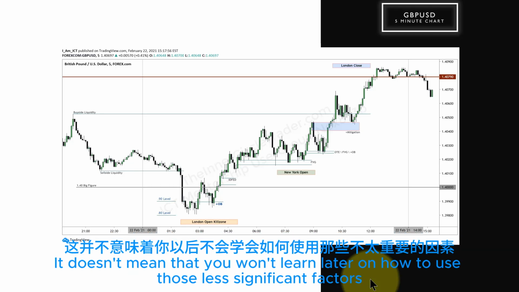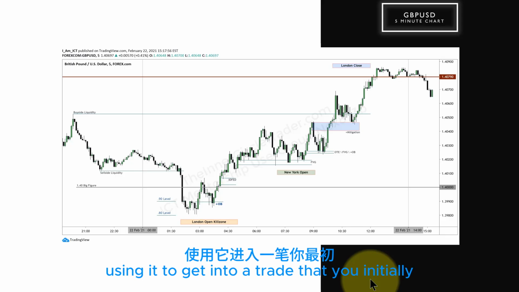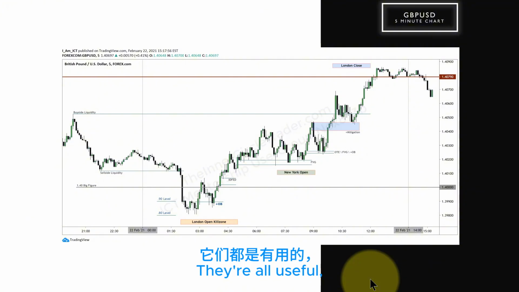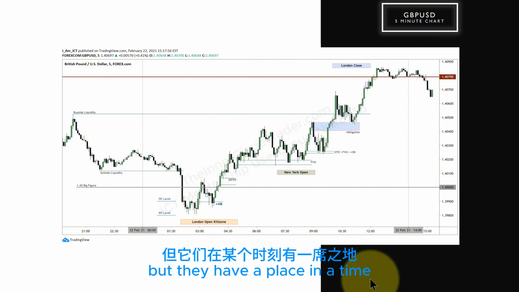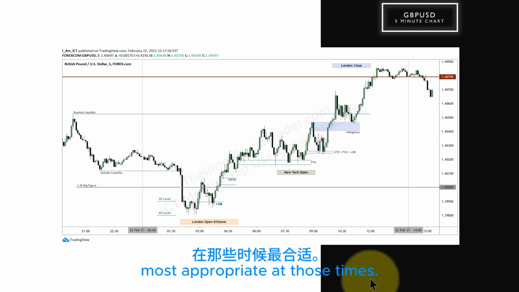It doesn't mean that you won't learn later on how to use those less significant factors for trade entries, or adding to a trade, or using them to get into a trade that you initially missed the better case entry. They're all useful, but they have a place and a time that is most appropriate.